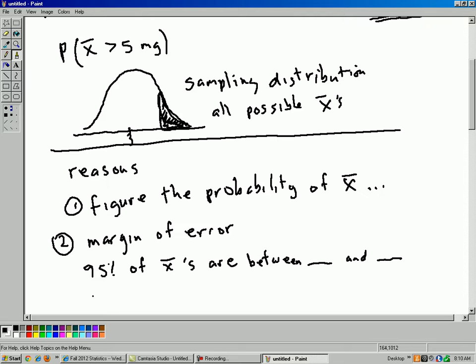You can rephrase this another way: your sample mean will be within two standard deviations of whatever the true population mean is 95% of the time.